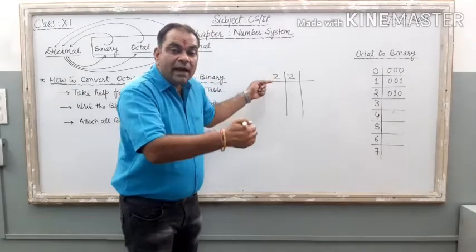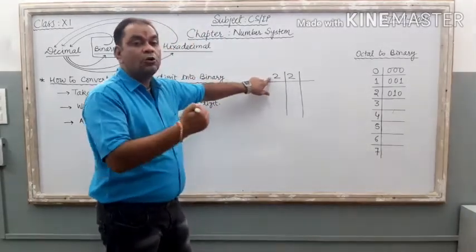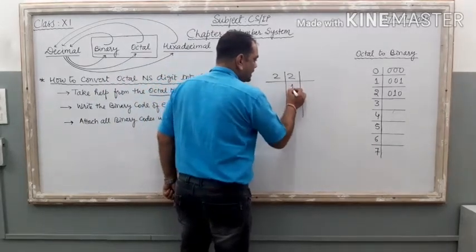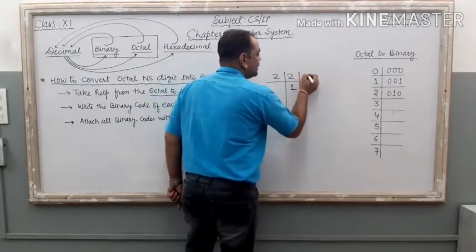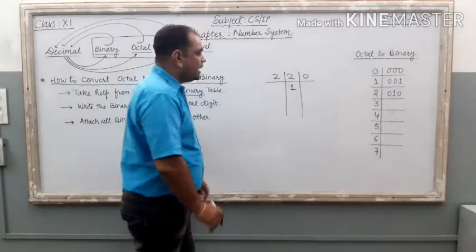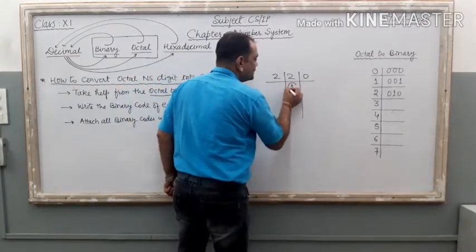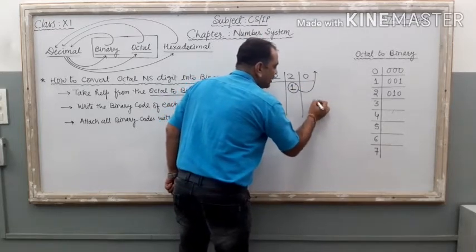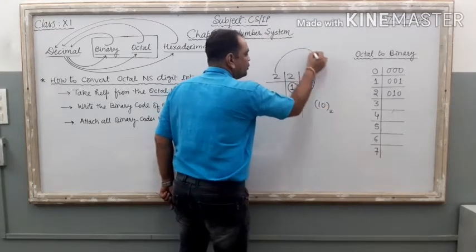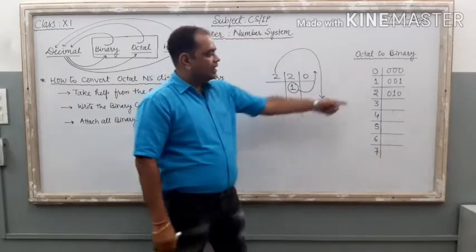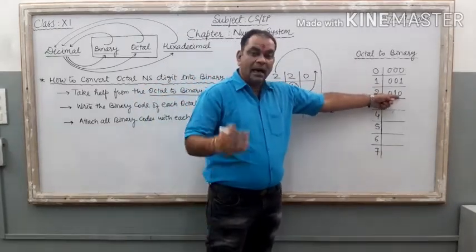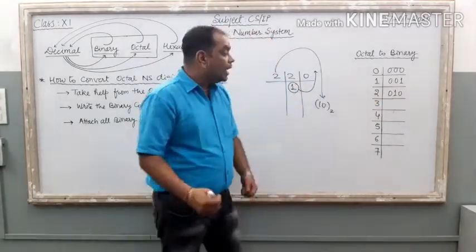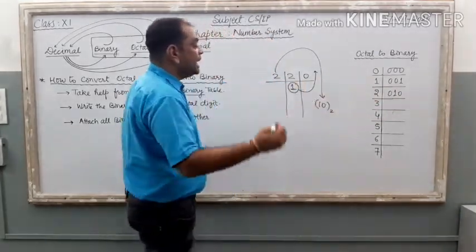What is the result? 1 is the result, and the remainder is 0. Clear? If I select the last result with all the remainders, the result is 10. So the binary code of 2 is 10. Just write 10, but I have to write it in 3 digits, so 010. Right?